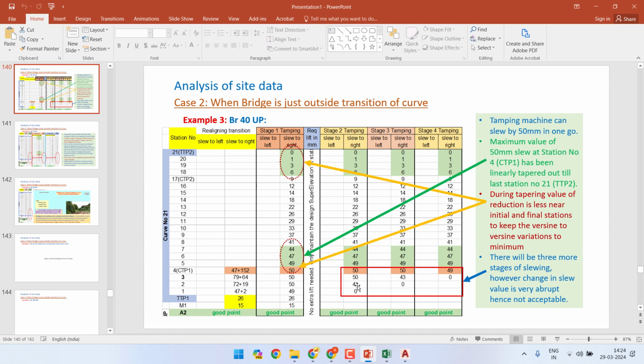That 0 to 41, this is too large slew, not acceptable. 0 to 43, at station number 2 you slew 0, and station number 3 you slew by 43 mm, which is too large. So these three are not acceptable actually, but the first stage of slewing is acceptable, 15, 26 and likewise.